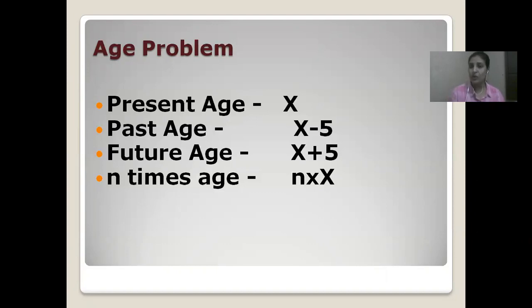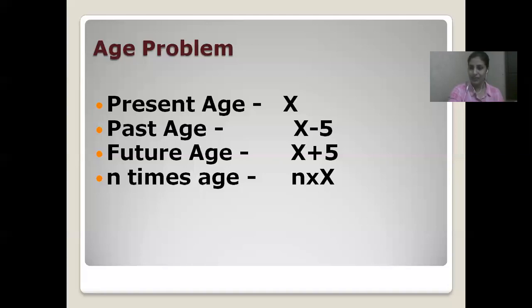So then you have to multiply the value, n times x, n into x. So these are the basics of the age problem. So always keep in mind the present age is x. Then before, you have to subtract, and after or hence or in future, you have to add. And if it is twice or likewise n times, you have to multiply.